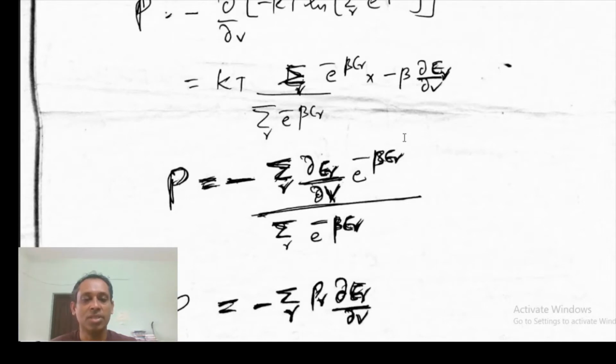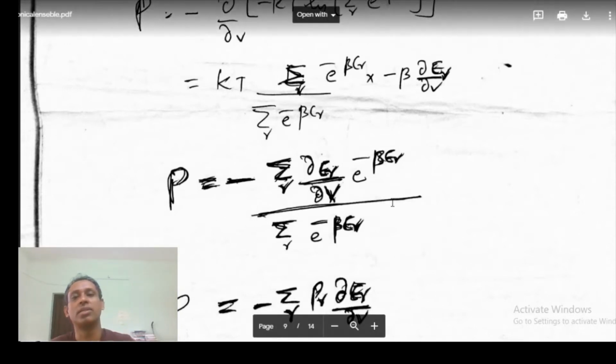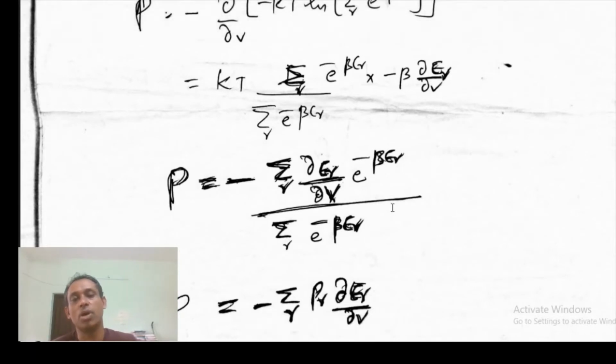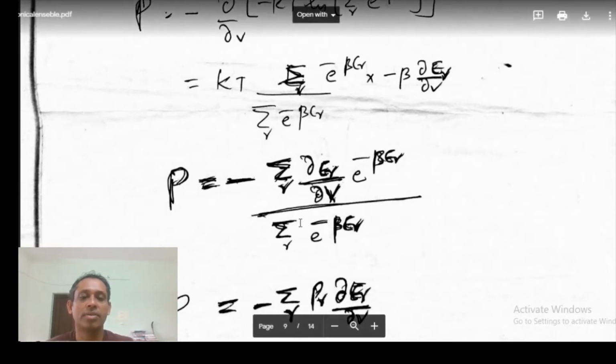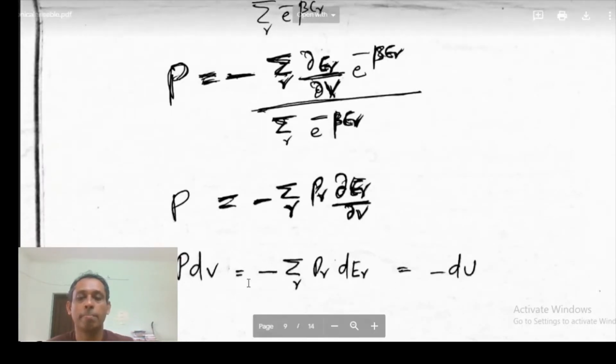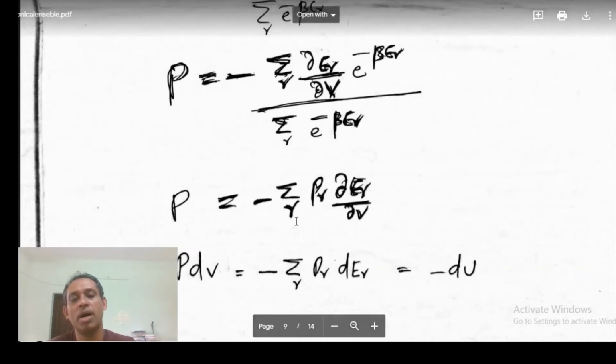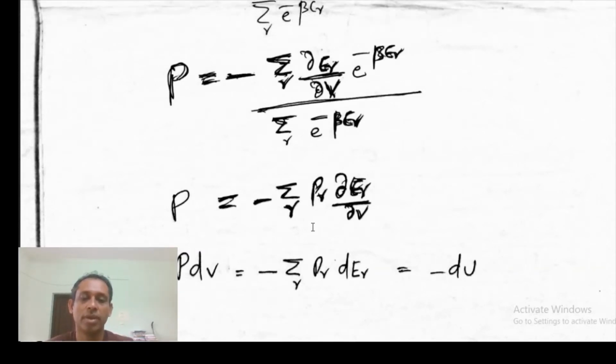Now this expression, e to the power minus beta Er over sigma r e to the power minus beta Er, is the probability for the system to be in a state r, Pr. So the pressure is minus sigma r Pr dou Er by dou V.